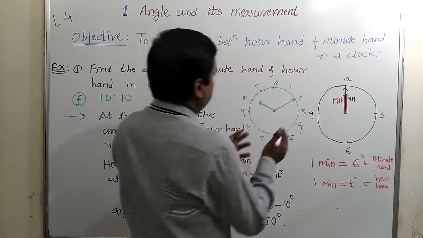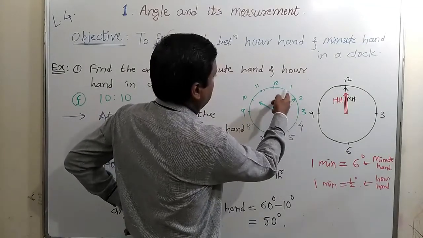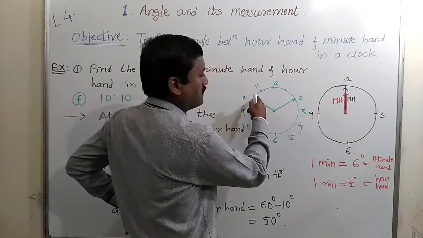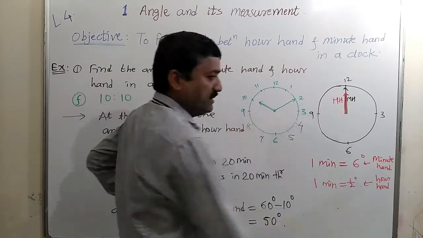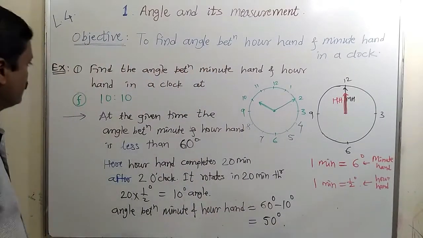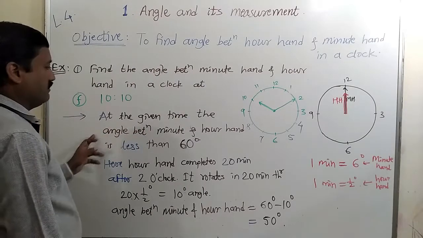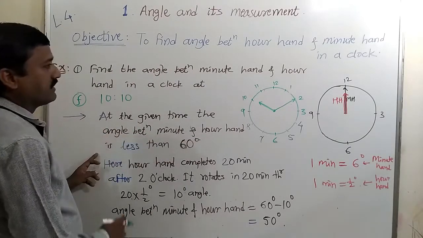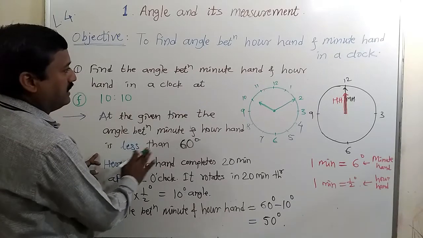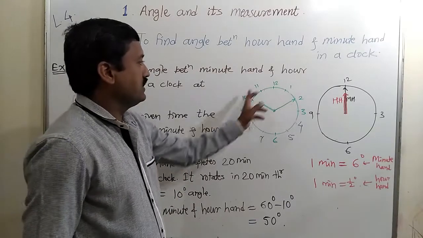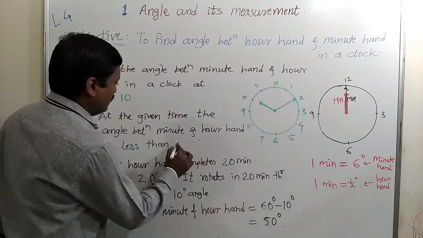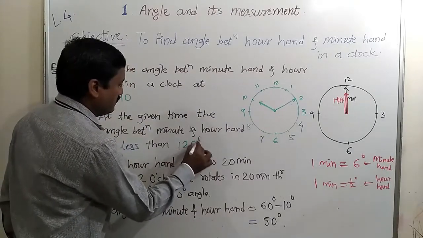If you see the numbers, then there are 1, 2, 3, 4 hours, less than 4 hours between these two, minute hand and hour hand. So, at the given time, the angle between minute hand and hour hand is less than 4 into 30, that will be 120 degree.